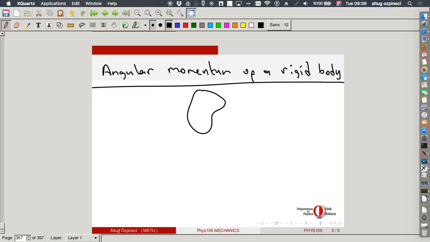Let's just imagine this rigid object, and it can be rolling and translating at the same time. Let's just say that it is rotating around this axis. That axis has some velocity v. And there is also a rotation. It has an angular velocity omega.